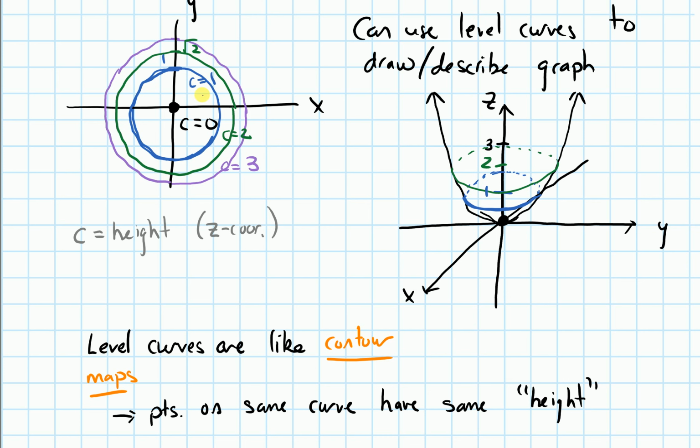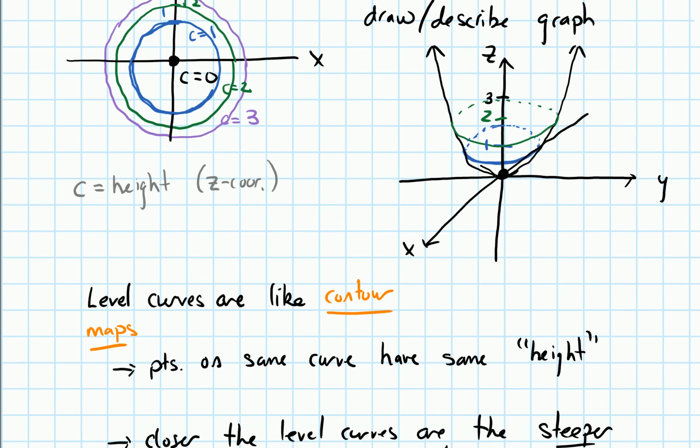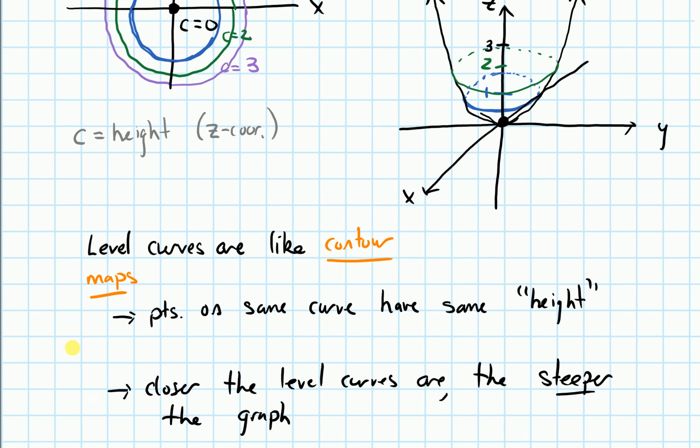So if I look at this picture, the curves from when c equals 2 to c equals 3 are closer together than the curves from when c equals 1 to c equals 2. And graphically that's playing out because the further out I get along this paraboloid, the steeper it gets. Okay, so that's another thing that I can take away from those level curves. The closer they are together, the steeper the actual 3D graph is going to be.